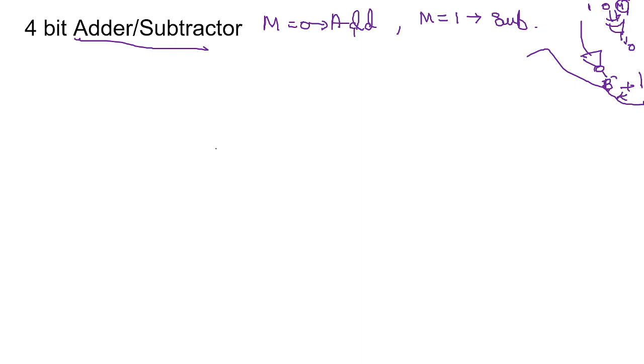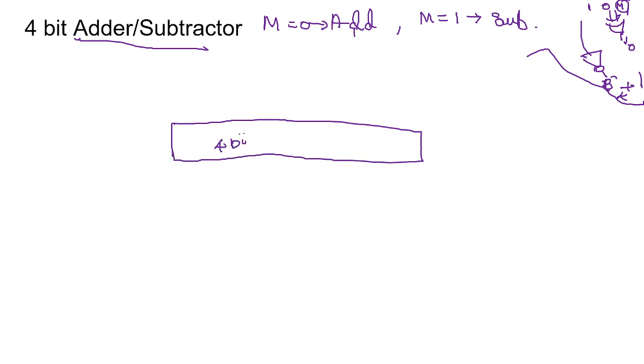So to perform the 4-bit adder subtractor, we have already seen the 4-bit ripple carry adder, so we will use the same 4-bit RCA. Is only one 4-bit RCA enough to perform the 4-bit adder and subtractor both in parallel?